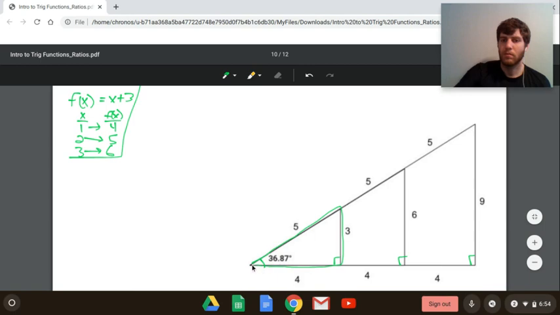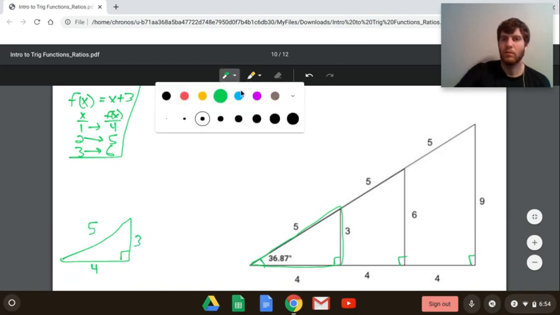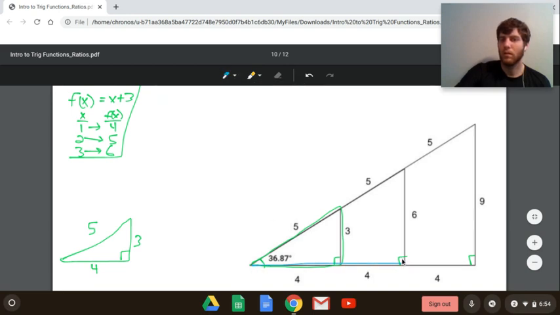Okay, if I want to redraw, let me try to redraw some of them here. Here we have the small one. So this is going to be 4, 3, and 5. All right, if we change colors now, we can draw one of the other ones. Let's draw the middle-sized one. Okay.